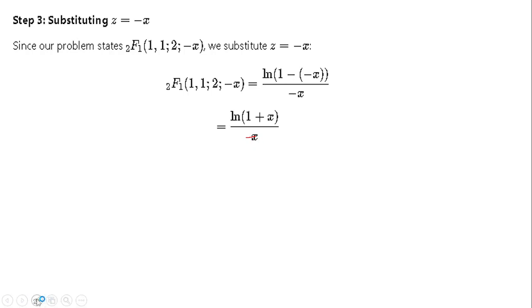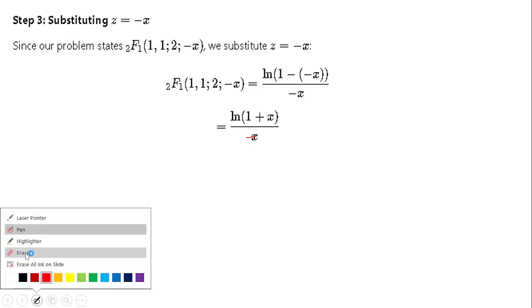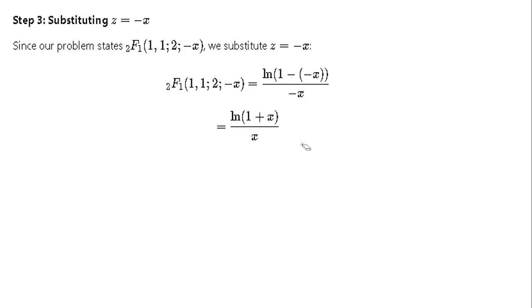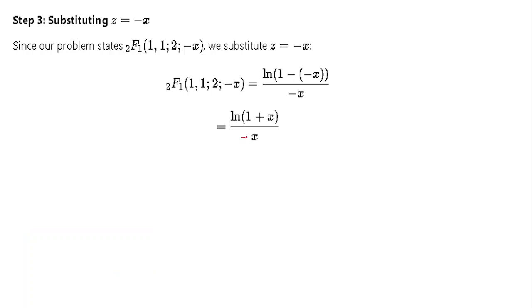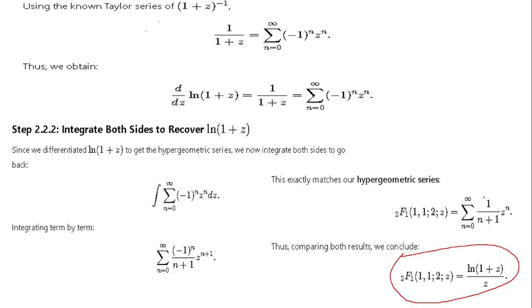No, there's no need of minus, because this minus times this minus will give us plus. It's okay like this because the general formula has nothing to do with minus. But something is not correct.